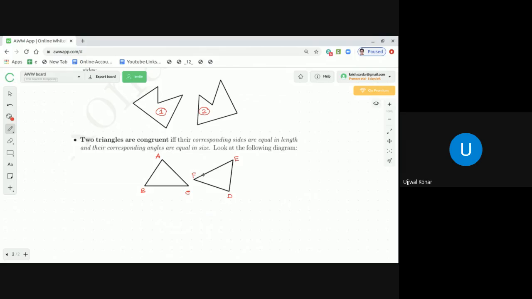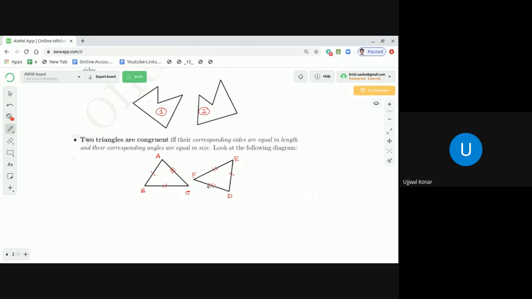If you look at it minutely, dear students, the length of the side AB is equal to the length of the side DE. The length of the side BC is equal to the length of the side EF, and the length of the side CA is equal to the length of the side FD.